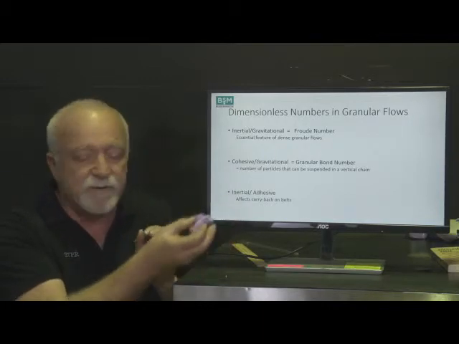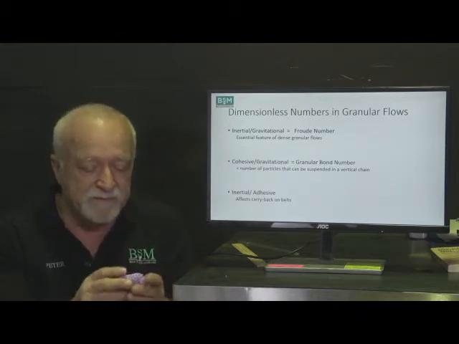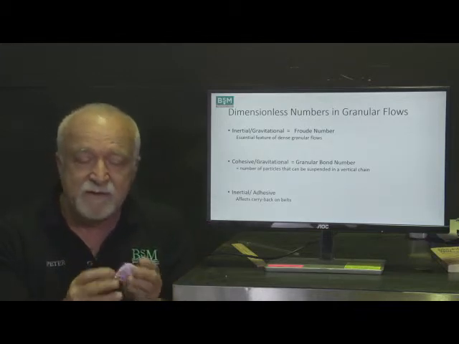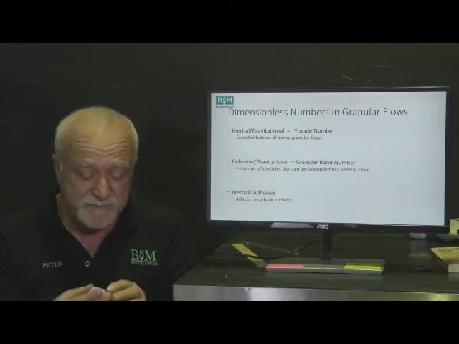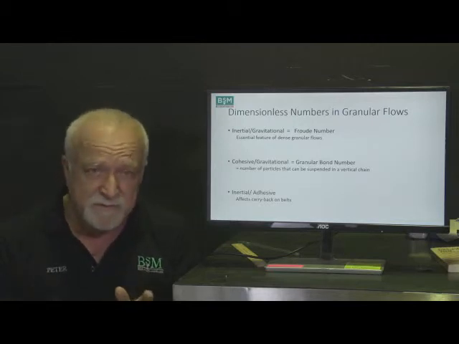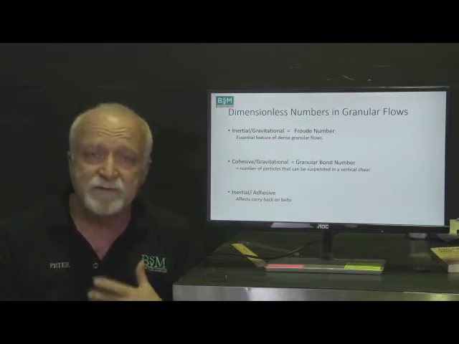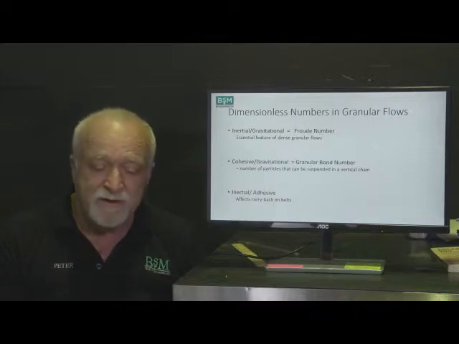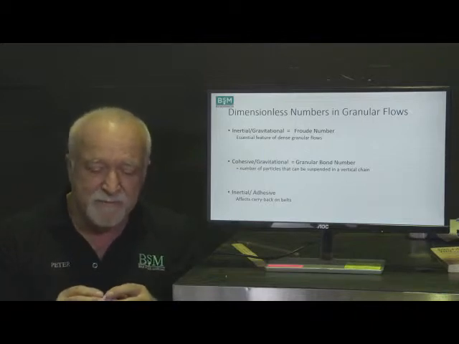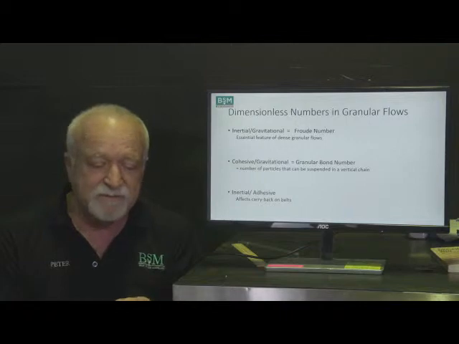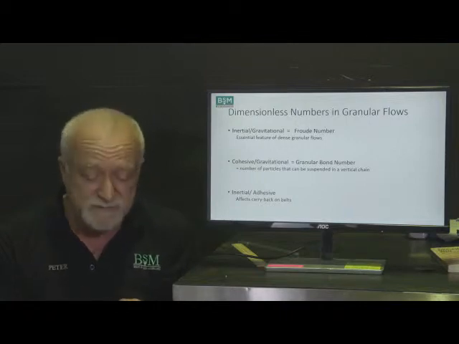Now we can define the bond number for a system like this quite easily. It's nice perfect spheres. If we've got a system with a wide range of size distributions, as you do in iron ore for example, you can't really define a granular bond number because you've got particles in there that go down to nanometer scale.